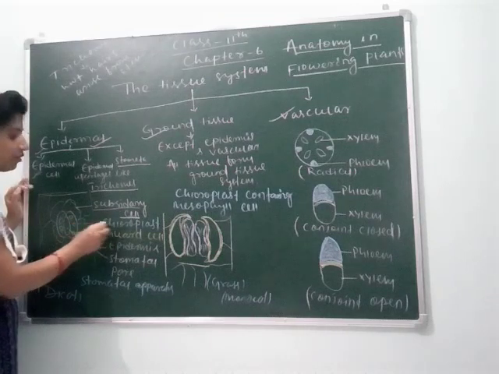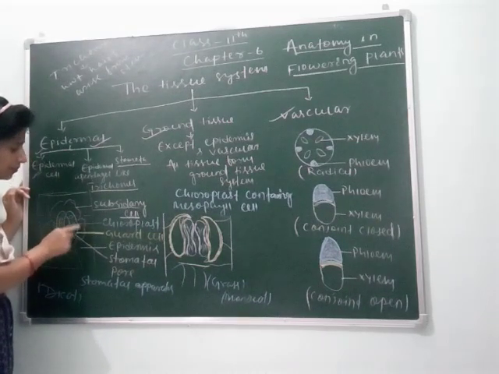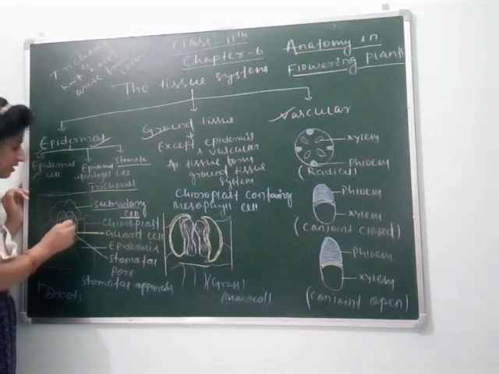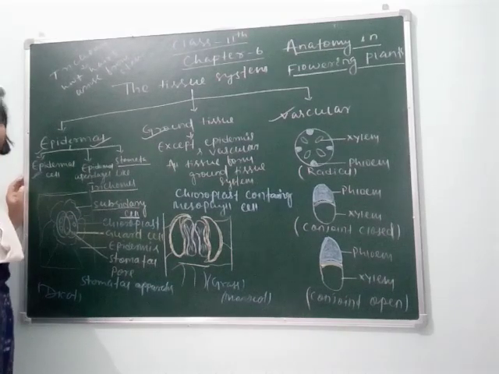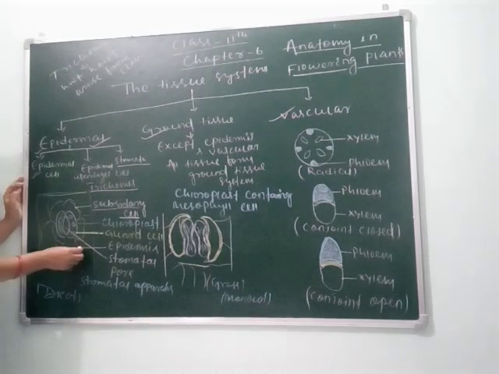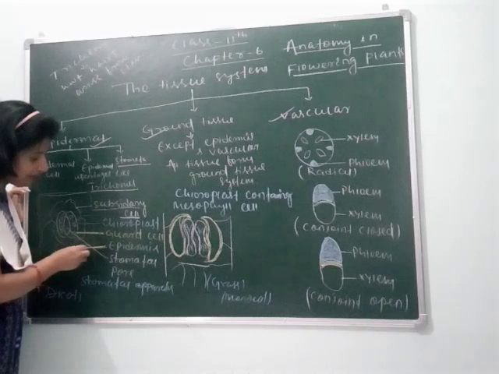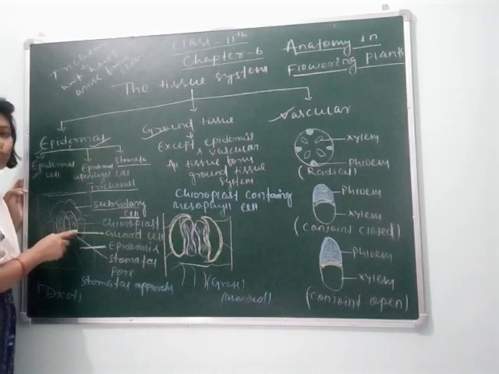Then next is the guard cell, which covers the stomatal pore. Around the stomatal pore the guard cell is present, and inside the guard cell you can see these dots. They are chloroplasts, as found inside the mesophyll cells. As we know, the outer layer is called epidermis, so this part is epidermis, and the stomatal pore is guarded by two guard cells.